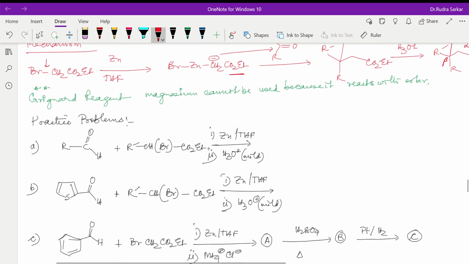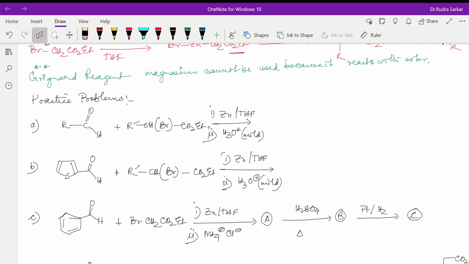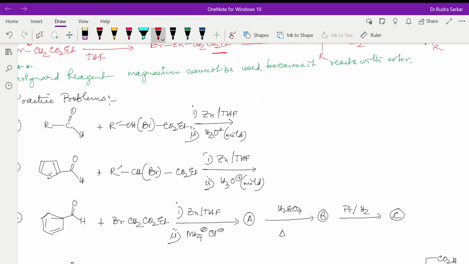So here are some examples. Here we can just do one of the examples just to explain what I'm trying to say. This is your reactant. Obviously here we will have ZnBr, meaning this carbon is the minus.